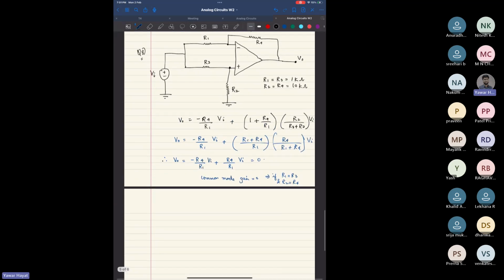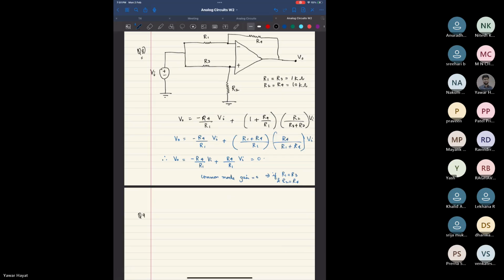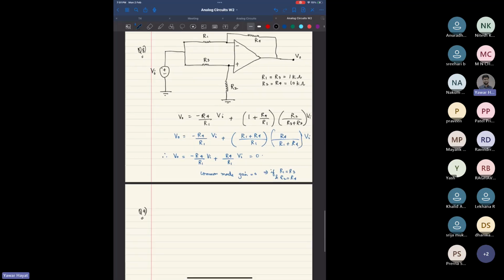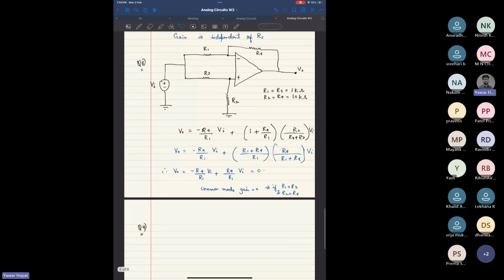Ninth question. Question number 9 is the following. The value of the resistor R3. Suppose I take up the same circuit. I mean, I'll draw it again. Suppose that this is your circuit, okay?